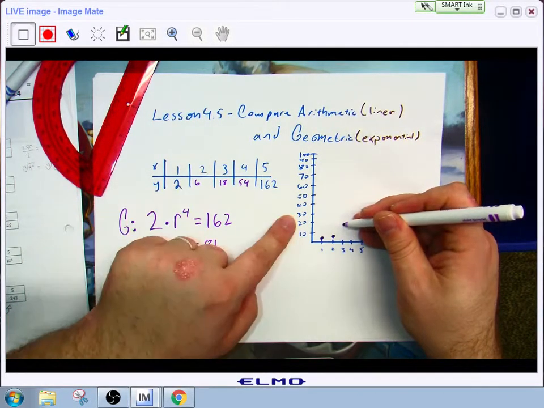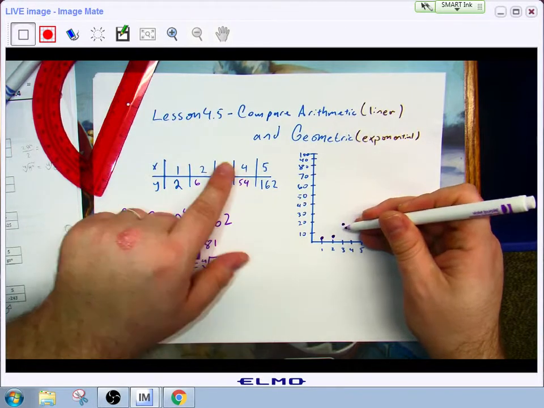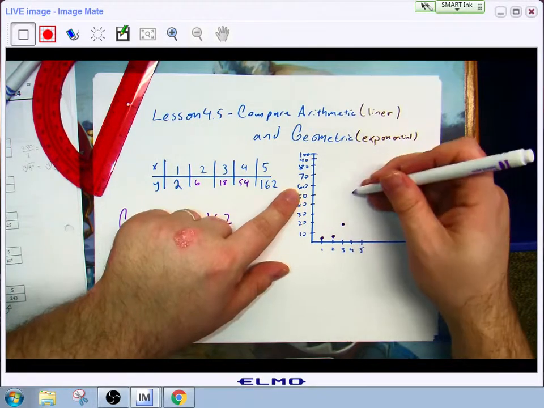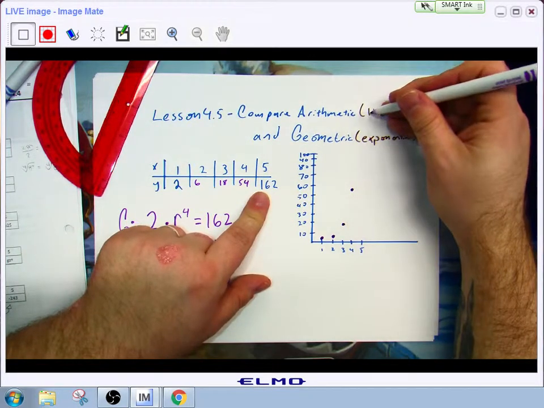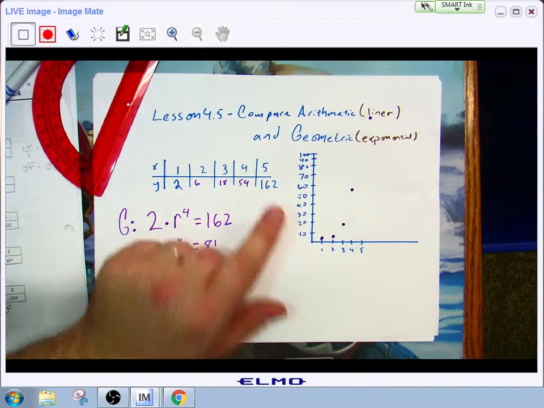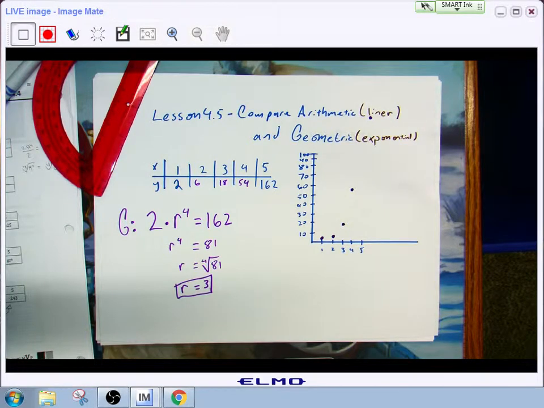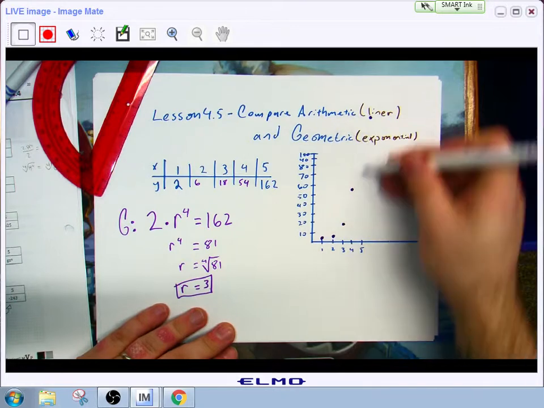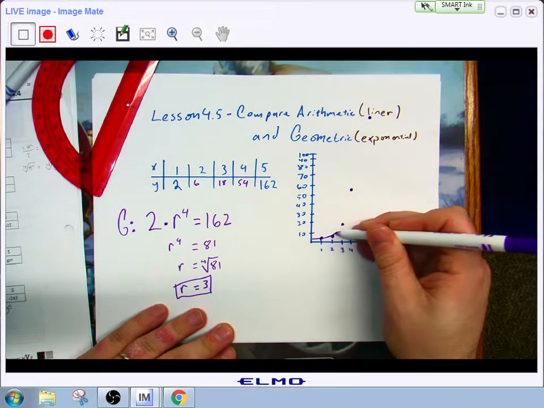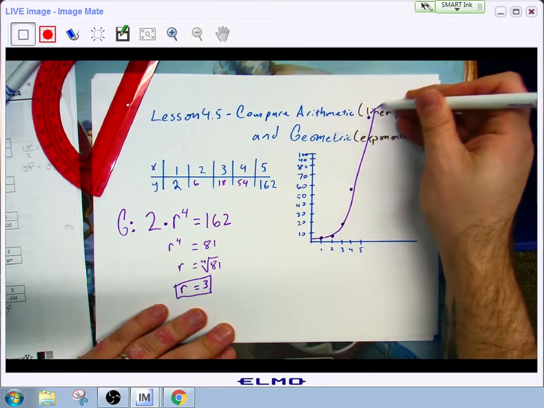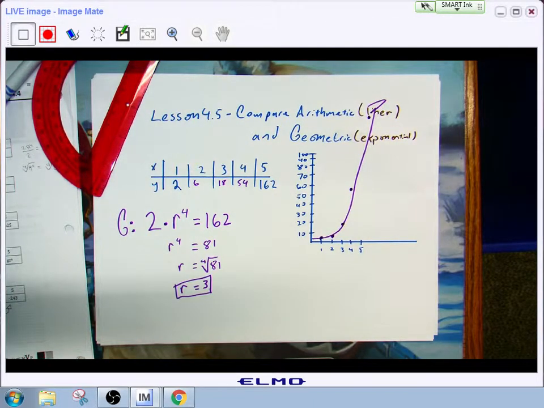That's going to be almost 20. (4, 54), and (5, 162) is going to be somewhere way up here. And you can see when I do this, what I end up with is a curved graph. I end up with a line that shoots upwards like that.